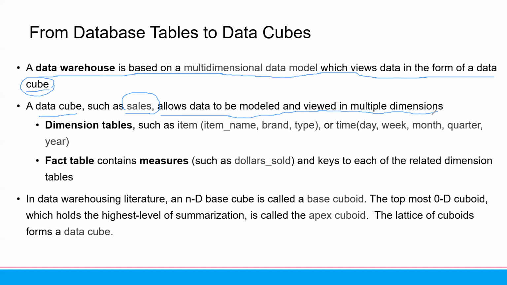They are the key of aggregation. We can also deal with this in the data warehouse. So, for example, in the data cube, we have dimensions. What is a dimension? We have the item name, brand, and type for the item.